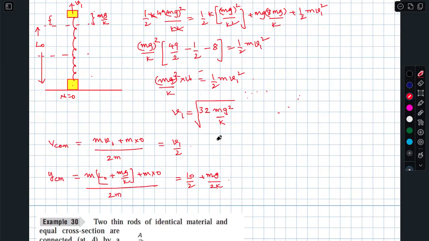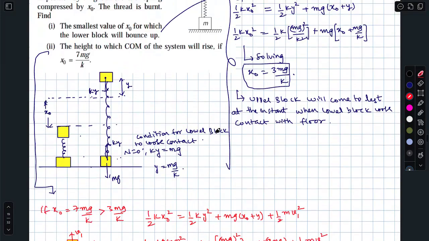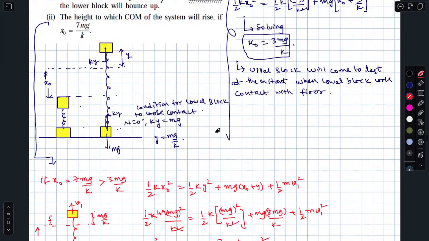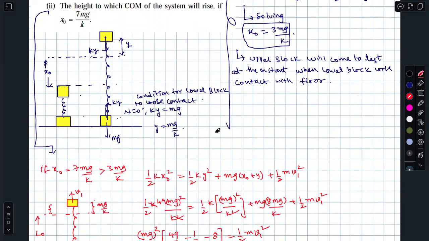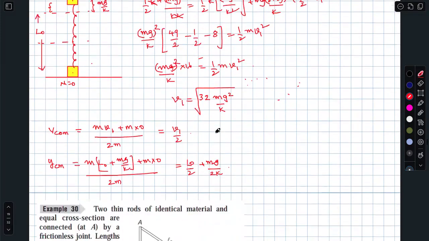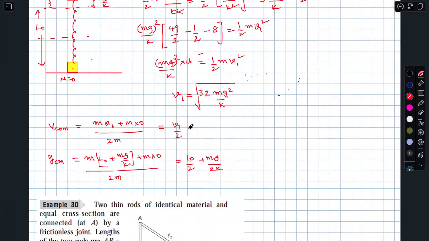Okay. Now the question is, what is the maximum displacement of the center of mass? Actually, that is the intention, I think. That height to which the center of mass of the system will rise, not the location of the center of mass, is what they are asking. No issues. Now this is as if like a point mass projected vertically up with this velocity. So what is the expression for H max?